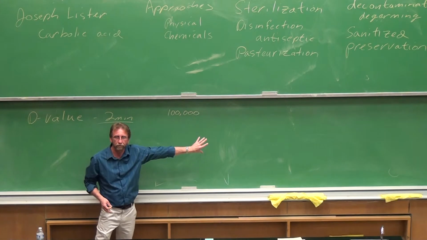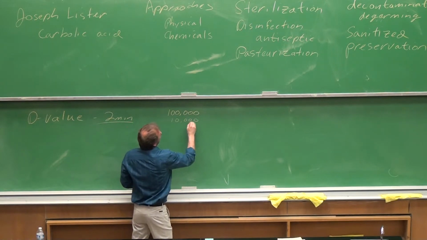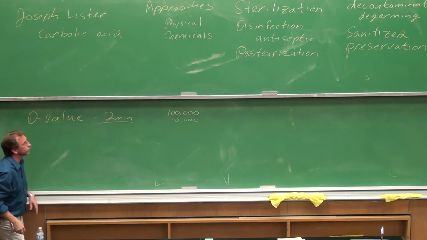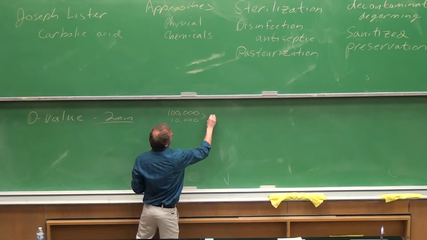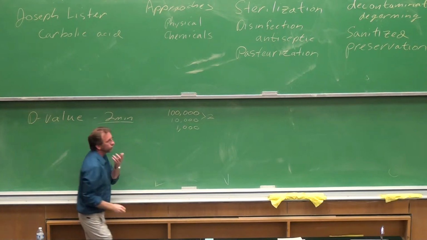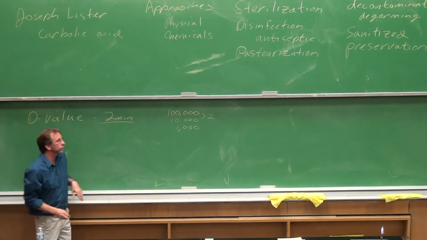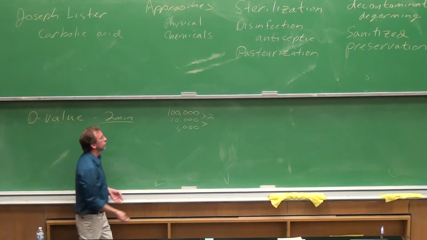Well, in the first 2 minutes, we would reduce it by 90%. So we've gone from 100,000 to 10,000. In another 2 minutes, we will have reduced it another 90% down to 1,000 cells. But we're still not down to 1 cell.